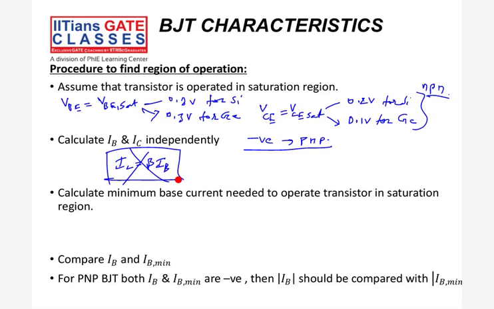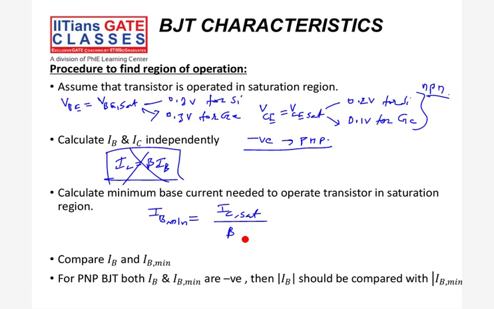Third, calculate the minimum base current needed to operate the transistor in the saturation region. We use the saturation values, VCE saturation. From this, I can calculate IB minimum, which is equal to IC saturation divided by beta.